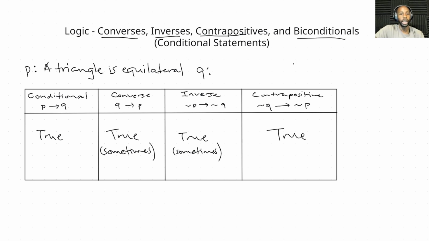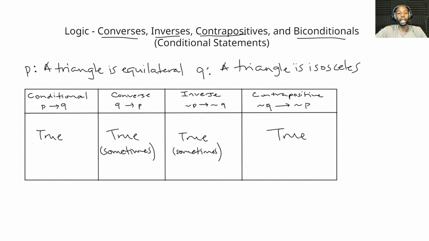And Q is a triangle is isosceles. Isosceles triangles have at least two sides that are equal in length. So the conditional: if a triangle is equilateral, then the triangle is isosceles. That's true because a triangle that has all sides equal has at least two sides equal. Okay, good.